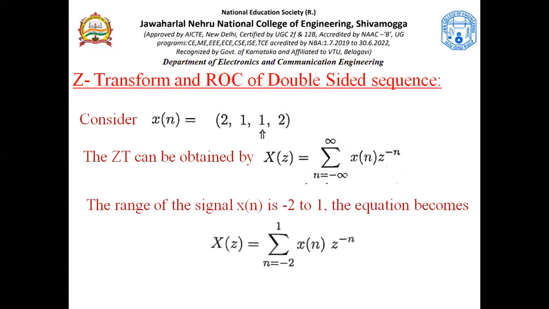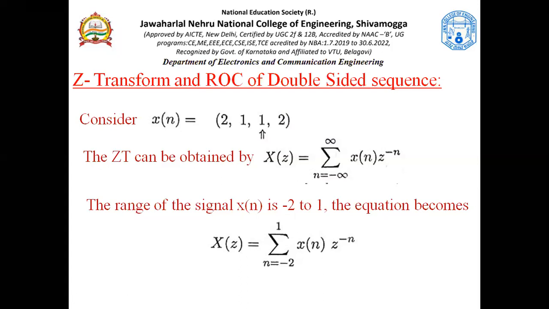So how does this equation look now? The limits of the summation are changed. It is -2 to 1. Understand that? For a double-sided sequence, both left-sided and right-sided, it starts at -2. If this is 0, then this is -1, and this is -2.